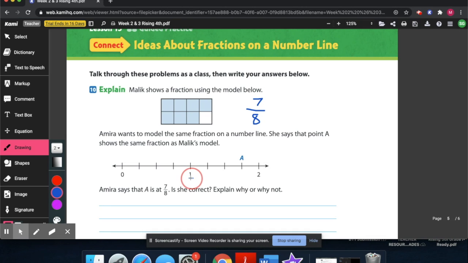We have these big numbers right here, and those represent whole numbers. So before counting every single space in between to see how many equal parts you have, you need to look within each whole number to see how many you have in total. So we're going to count them and I'm going to walk you through it. 1, 2, 3, 4.